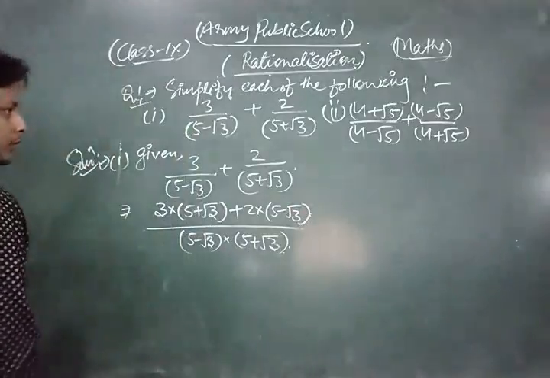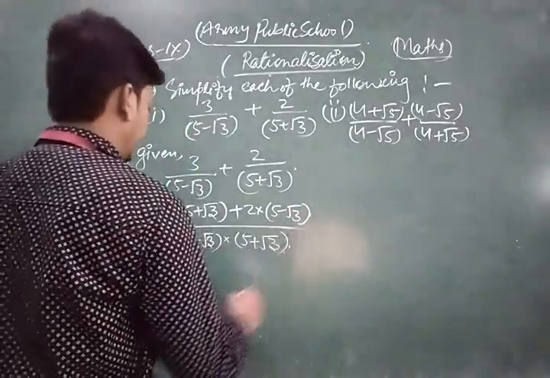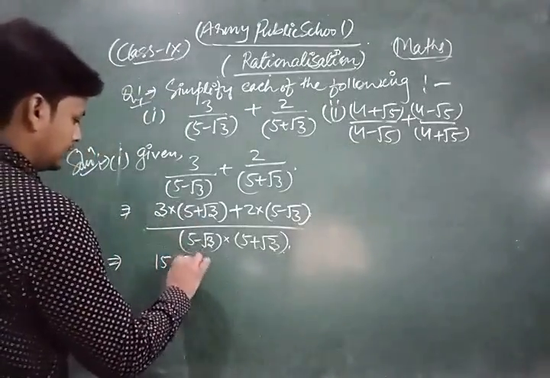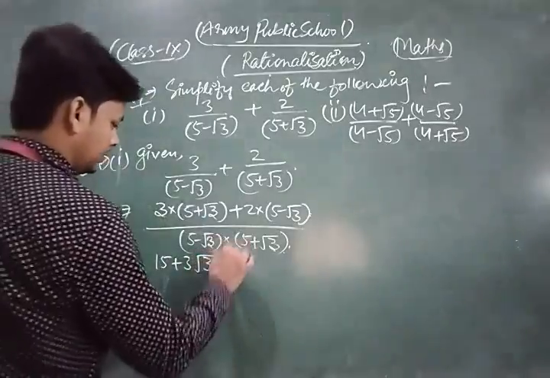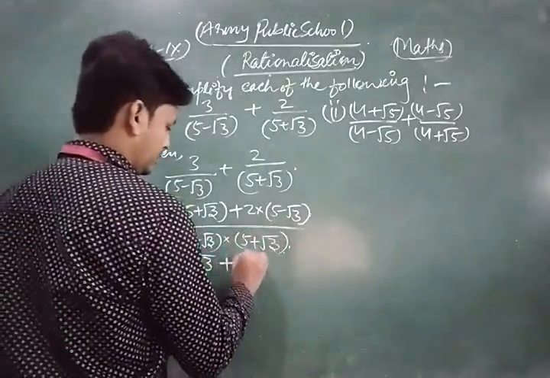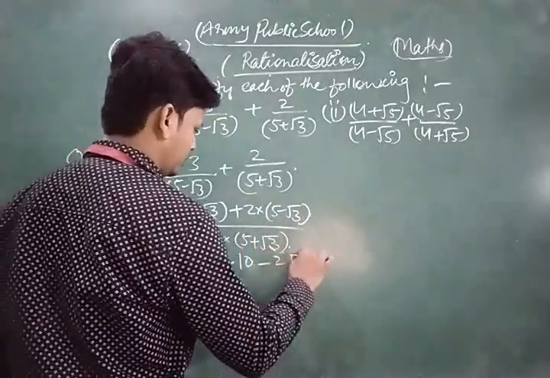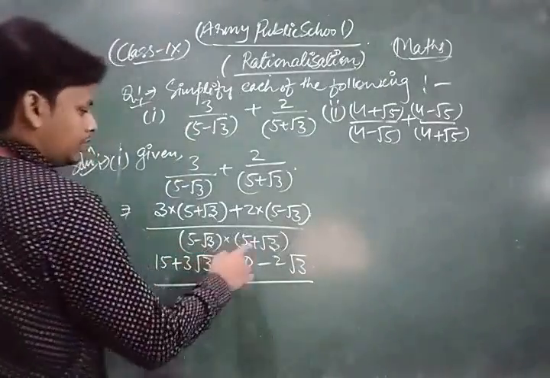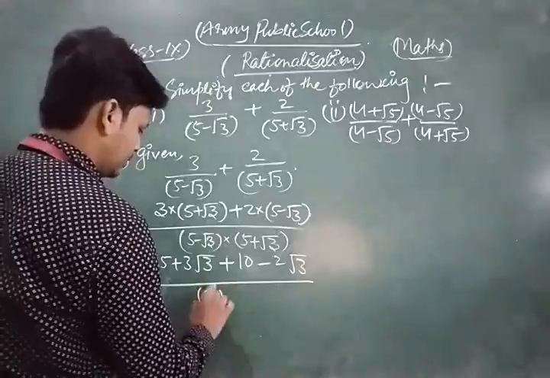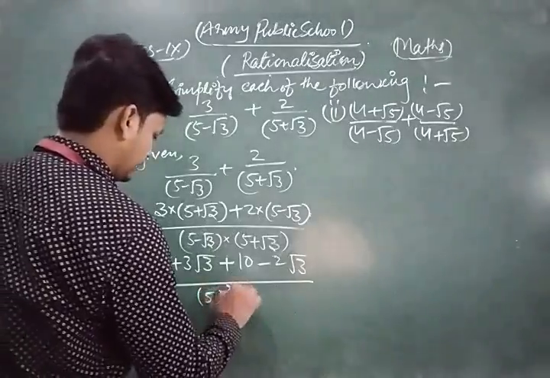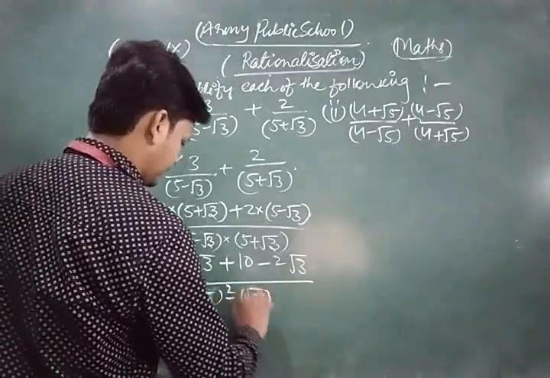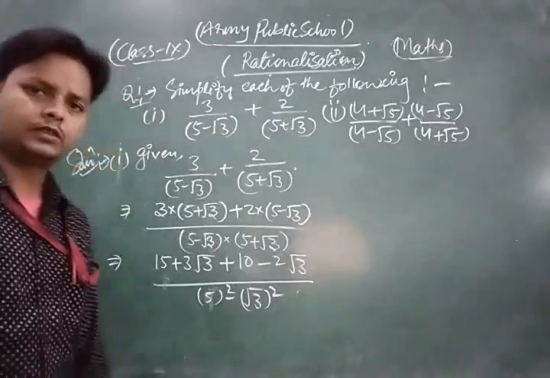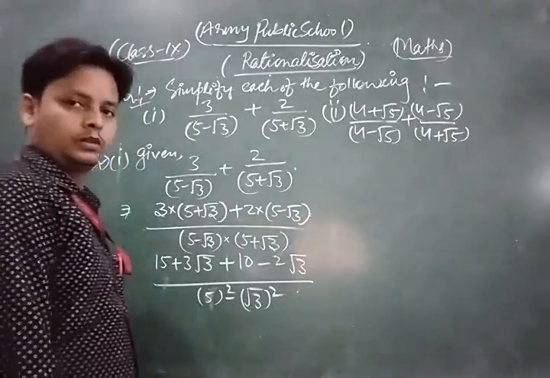If we simplify, we get 3 5s are 15 plus 3 under root 3, plus 2 5s are 10 minus 2 under root 3, divided by a minus b into a plus b. So we can write it as a square minus b square.